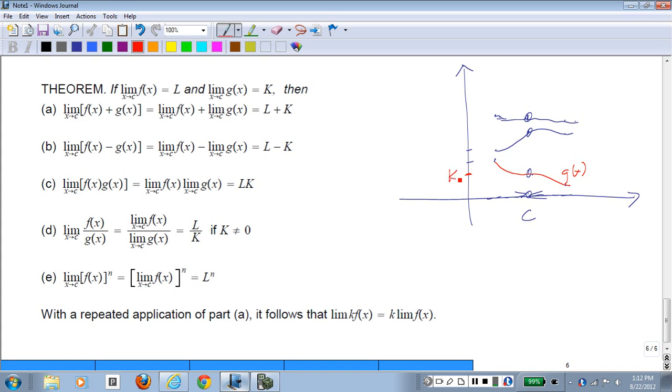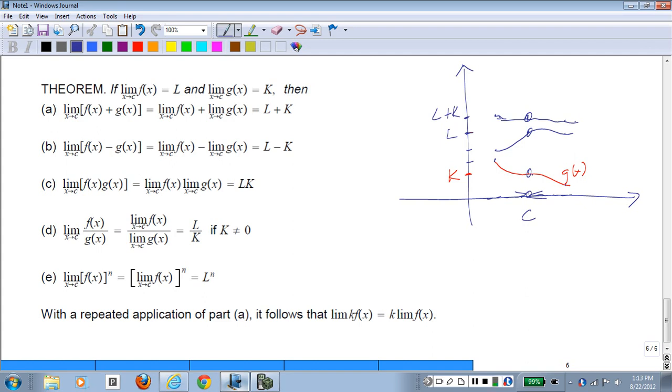I guess the second one is k, and the first one is L right there. That's L. And basically what we're saying is that the sum function, whatever that looks like, probably doesn't look like that, the sum function is L plus k. It's approaching L plus k. That was a little rough.